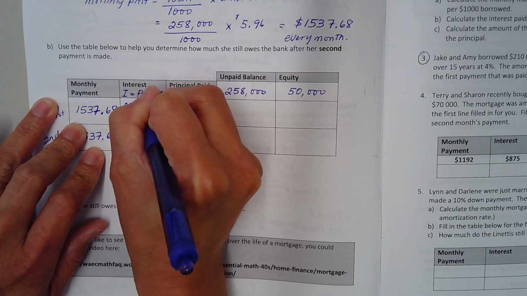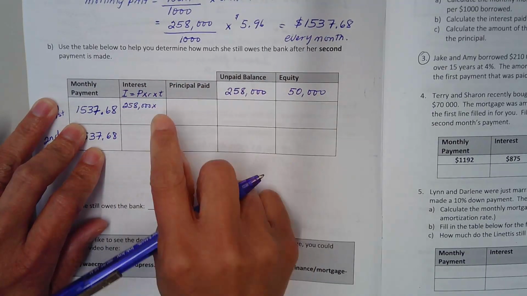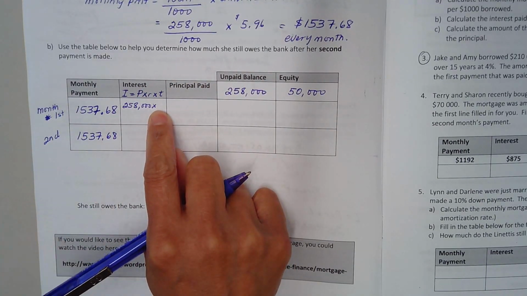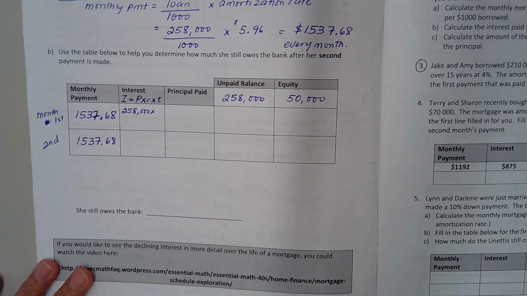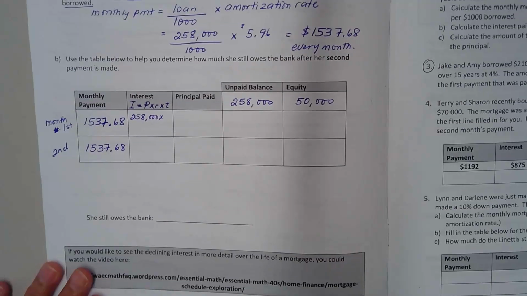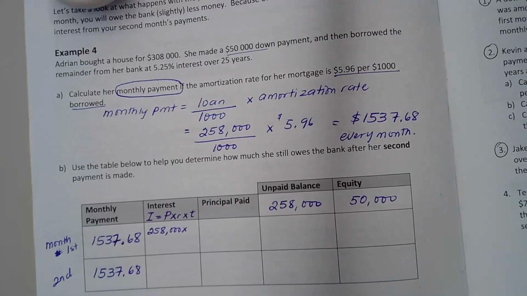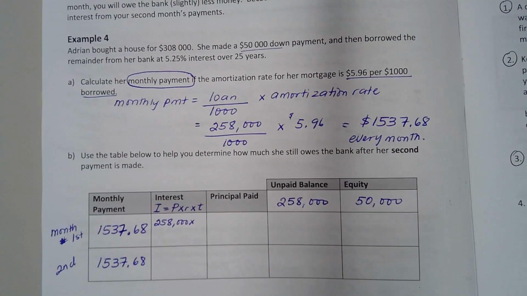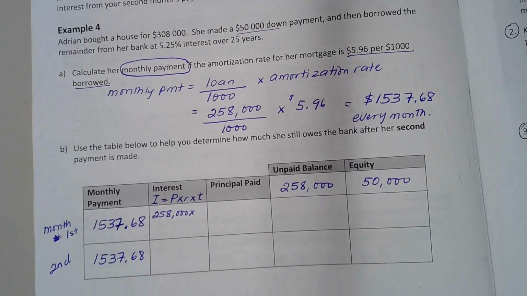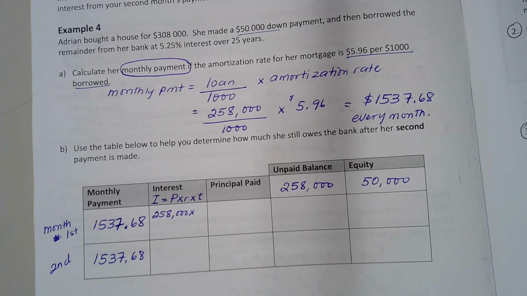So I'll go here: $258,000 times the rate. What's our rate? This is the interest rate, the percent in decimal value.